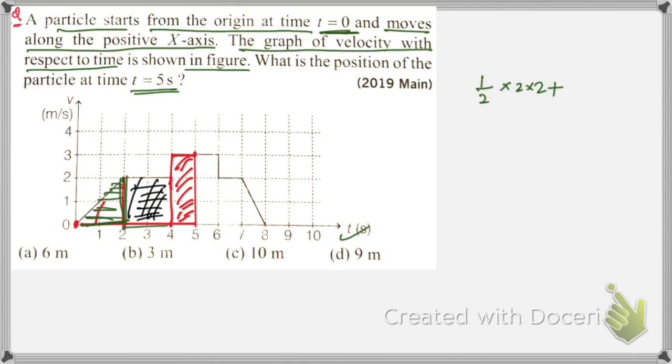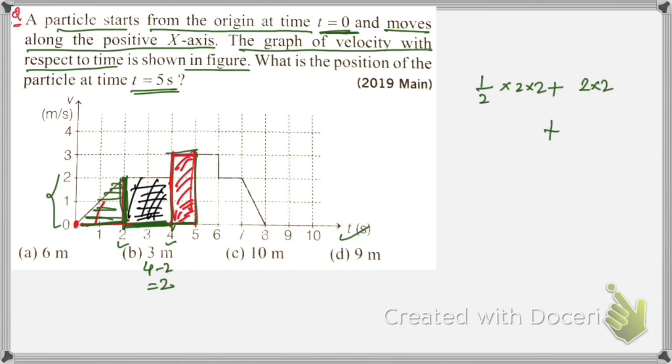Now the base here is 4 and 2, that means 4 minus 2, that's going to be equal to 2. This length is 2 and this height is also 2. So 2 into 2, then plus we need to find the area of this, right?